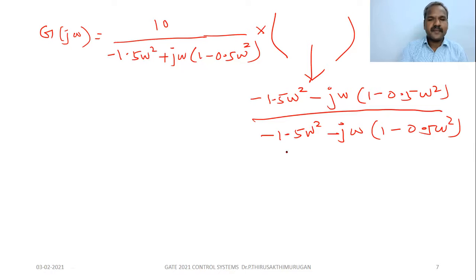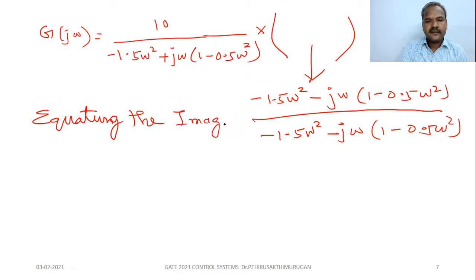So now equate the imaginary part. What is the imaginary part? The denominator becomes real, so in the numerator, only the imaginary part is j omega into 1 minus 0.5 omega square.